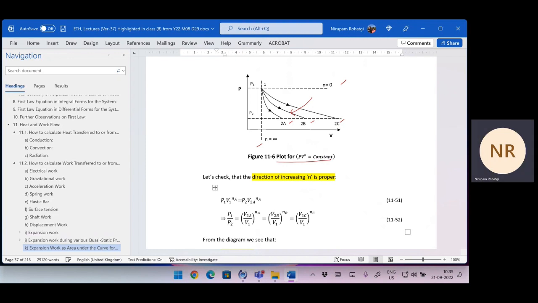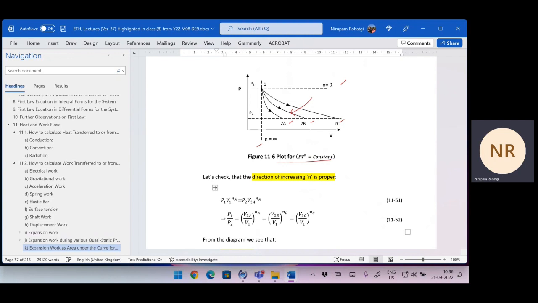So if you have to draw two lines of different n, just do it graphically. You know how to draw the lines, because exact lines you cannot draw unless you make the calculations for each value of n; you have to take 5-6 points and then draw the line.